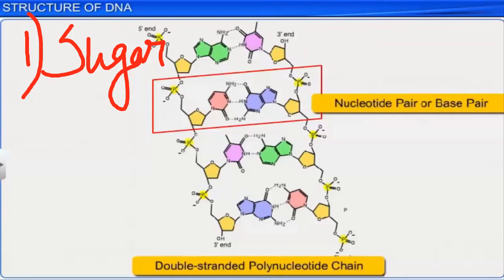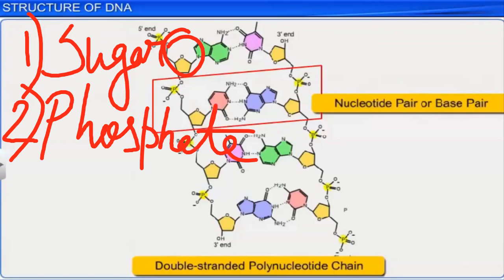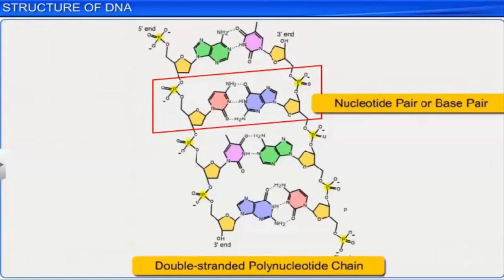The second thing present inside is the phosphate group. Where is the phosphate? Here, this is the phosphate.